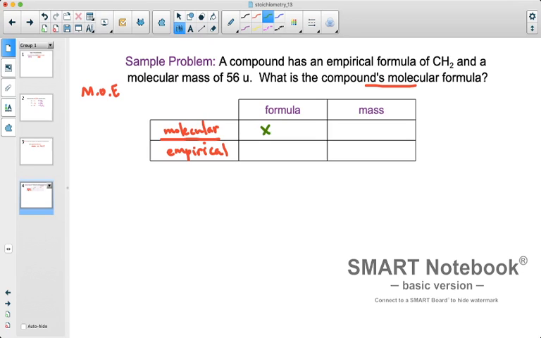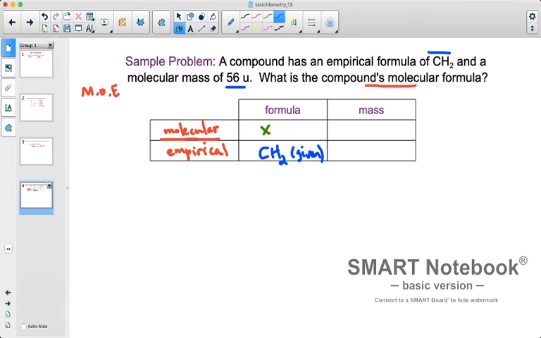But there are several things that are given to me in the problem that I can use. They definitely give me the empirical formula. If you noticed, it's right here. So I'm just going to place that here, CH2, and that's already given. When I continue reading, I also see that the molecular mass is 56 atomic mass units.